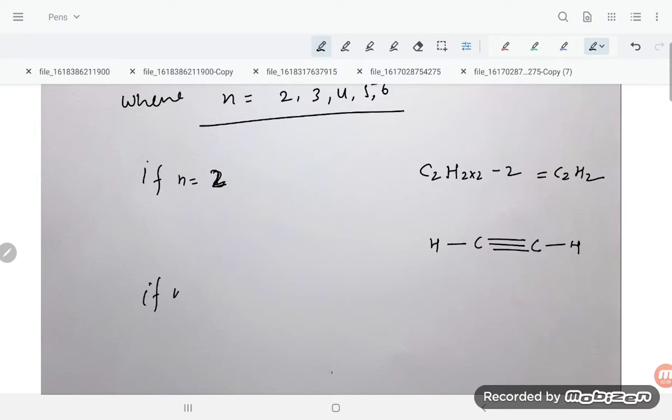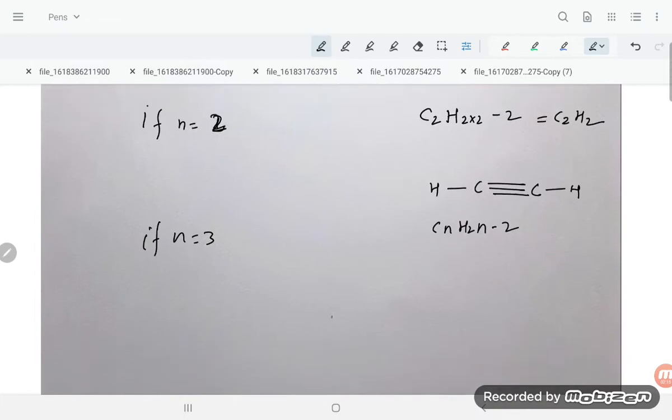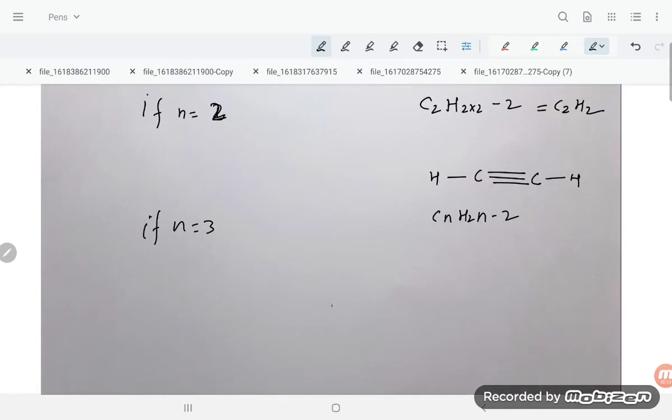If n is equal to 3, in the formula CnH2n minus 2 you put in the n value. So here it will be, student, C3H2 into 3 minus 2, so how much will it be? C3H4.